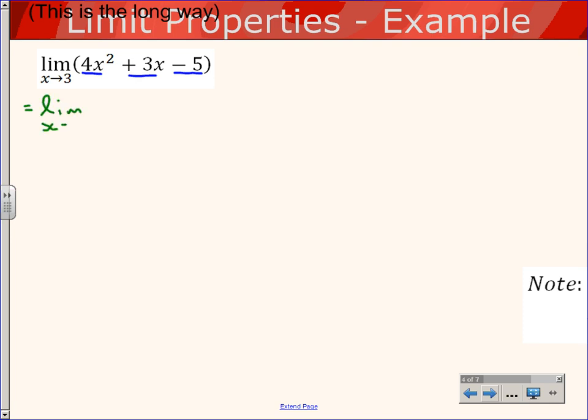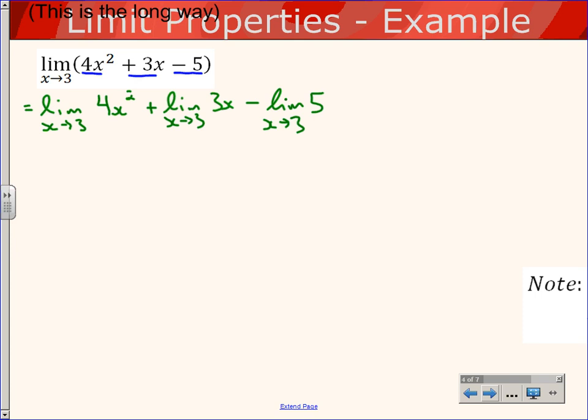So the limit as x approaches 3 of 4x squared, that's the first part, plus the limit as x approaches 3 of 3x minus the limit as x approaches 3 of 5. Okay. So that was rule 3 and 4.